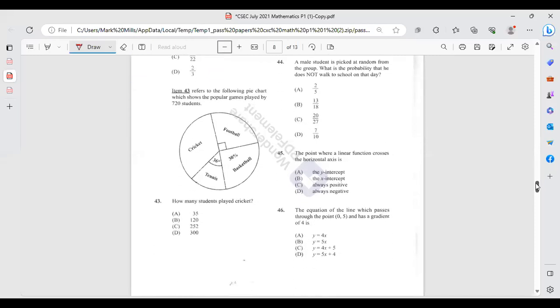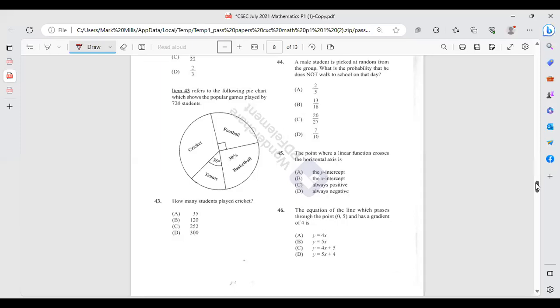Question 43. How many students played cricket? The diagram shows the pie chart. Item 43 refers to the following pie chart, which shows the games played by 720 students, right? How many students played cricket?